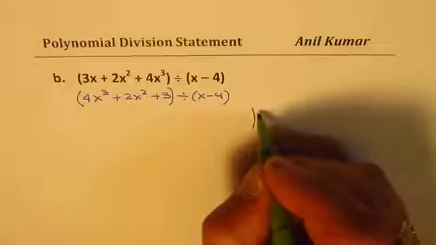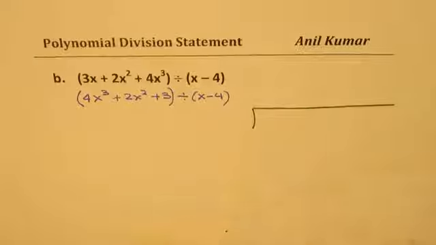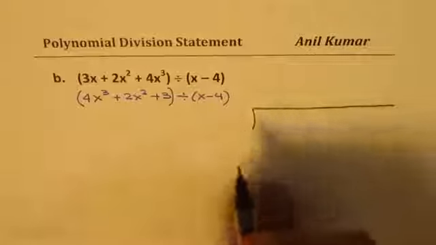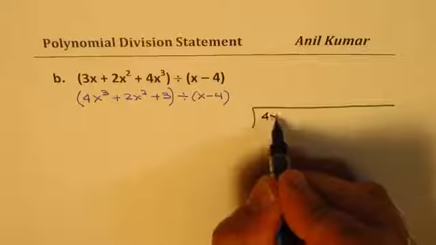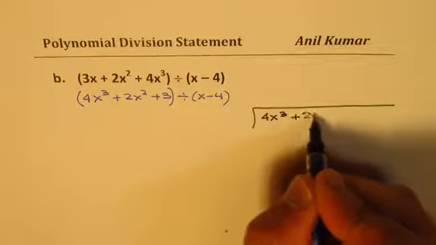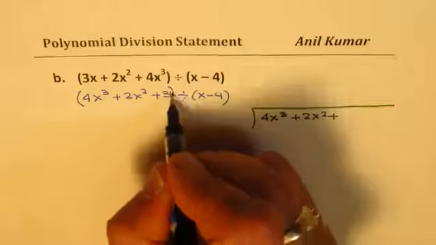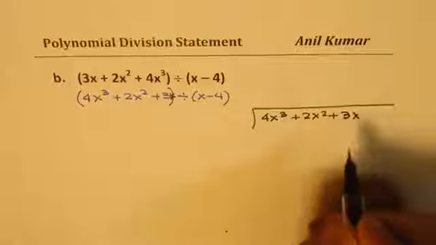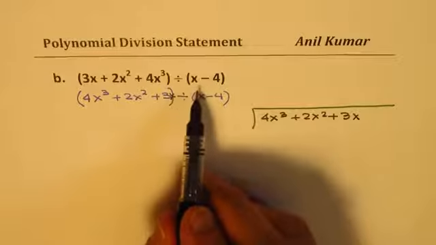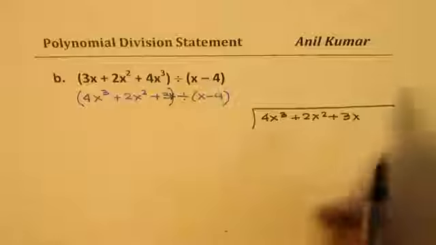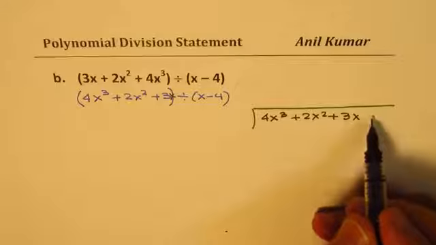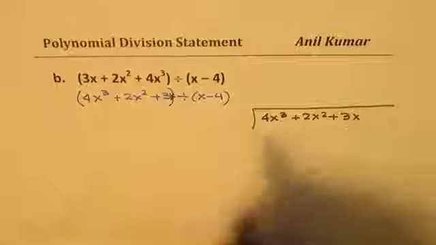So the process of division is same as we did in part A. So we'll now divide 4x cubed plus 2x squared plus 3x. Now since you are dividing by x minus 4, you may write plus 0 also at the end, but we will see how it goes.